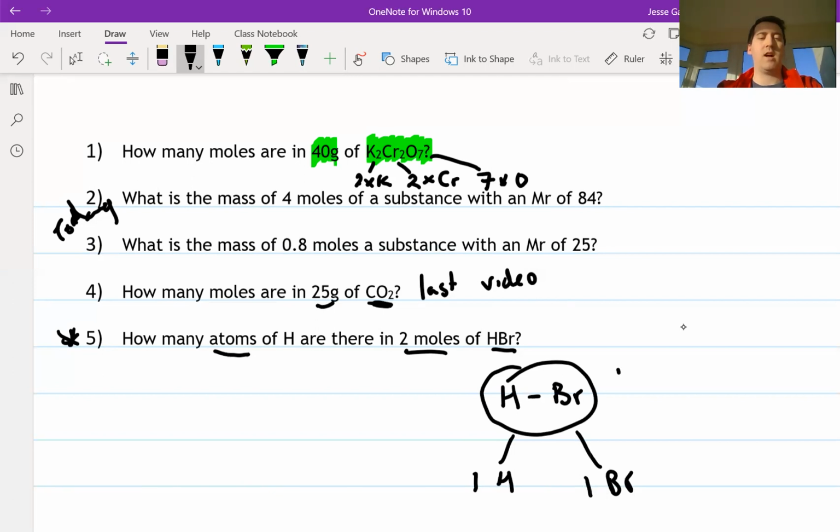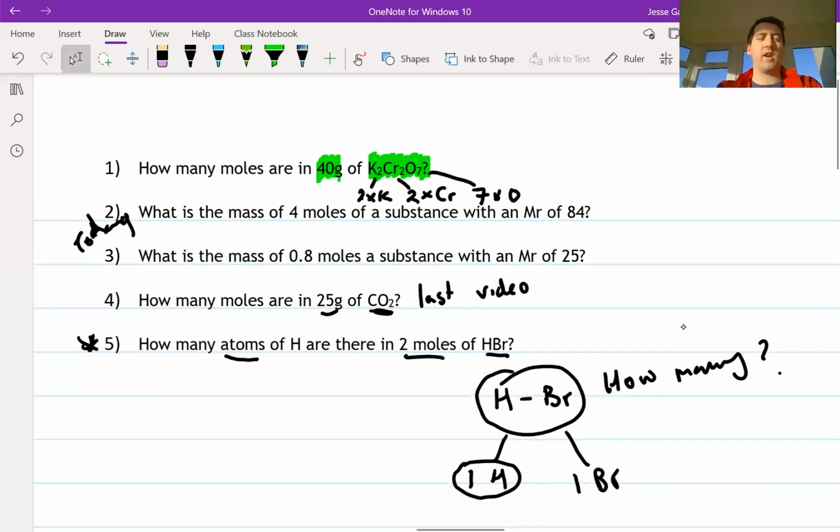So find out how many molecules you have if you've got 2 moles. And each molecule has 1 hydrogen. So every molecule has 1 hydrogen. So you just need to find out how many you have in 2 moles. Okay, so if you weren't sure how to do that, you might have a better idea how to do it now. So pause the video and try again.